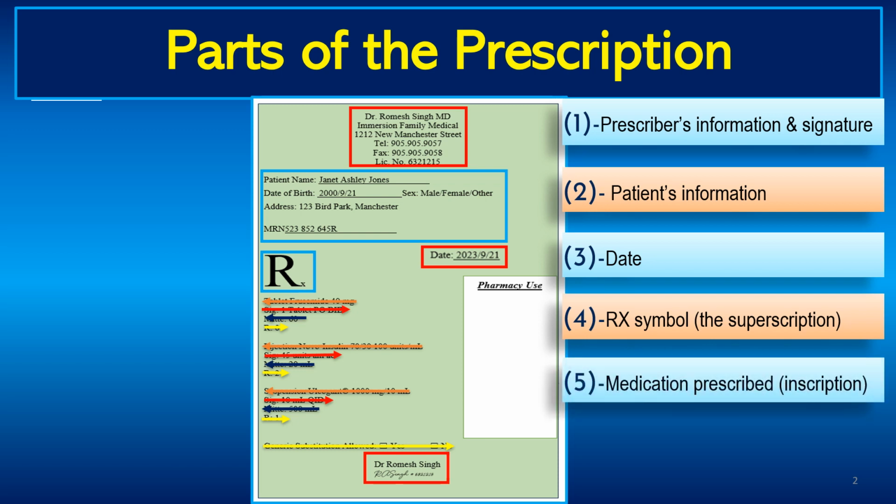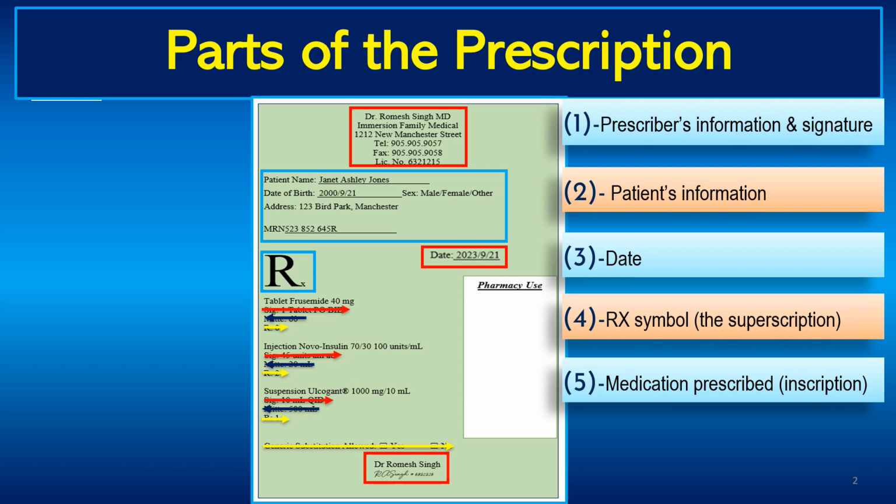Now, the other thing that must be included, of course, is the prescription itself. So most persons are just familiar with the fact that you need to have the medications that are prescribed. So yes, the dosage form: in this case, item 1, you have a tablet. Item 2, you have an injection. And item 3, you have a suspension.